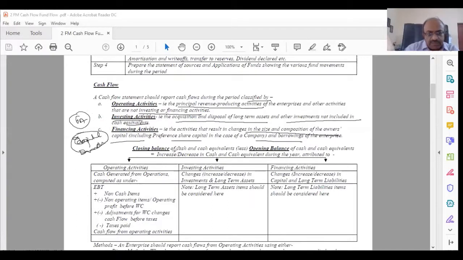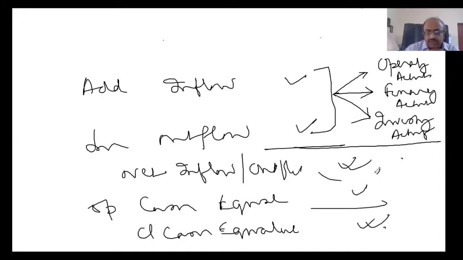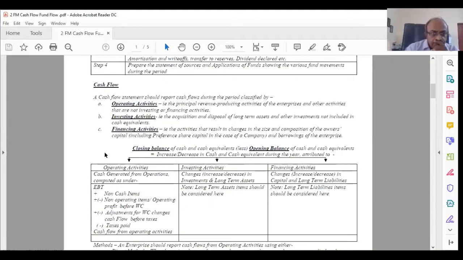Therefore, closing balance of cash and cash equivalent less opening is the decrease or increase in cash and cash equivalent during the year, which is the difference, as I told you here. This is the net increase or decrease.